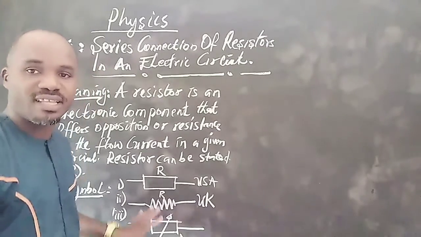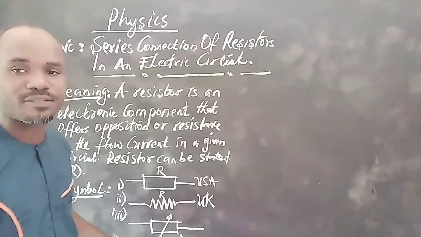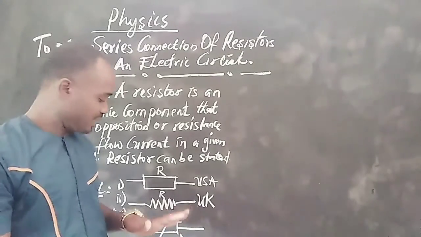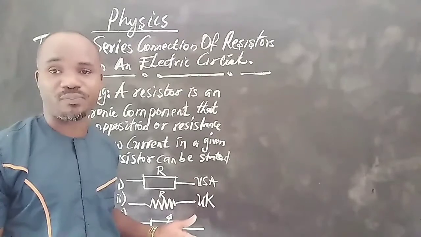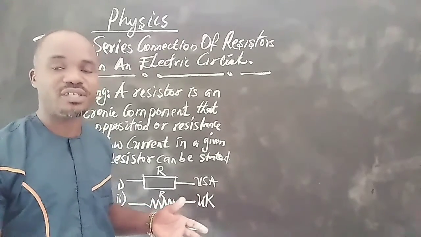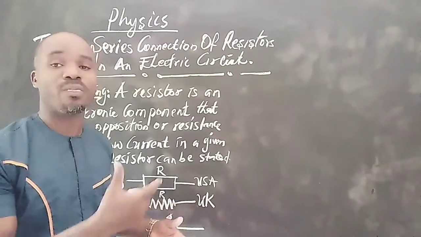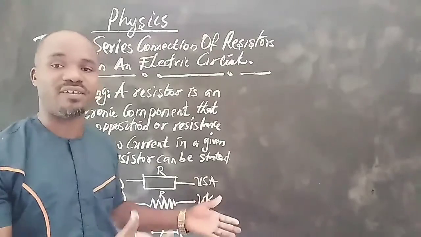Now, if you look at these three symbols, you will see that this one is different. It is different because it is a variable resistor. So it varies its resistance when it is functioning in an electric circuit.